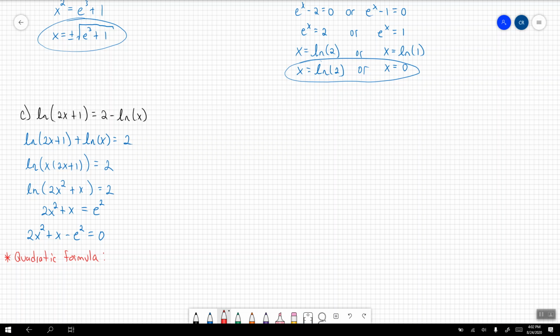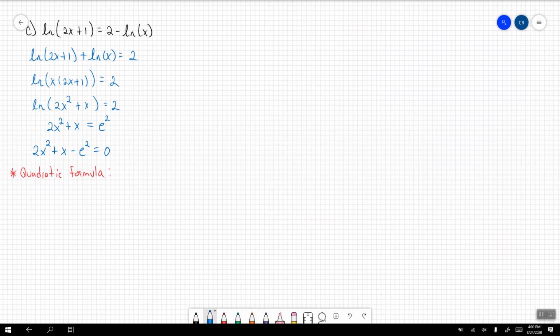So using the quadratic formula, what I'm going to do is identify my a coefficient, my b, and my c coefficient. So in identifying this, I get that a is 2, b is 1, and then my c coefficient is negative e to the power of 2.